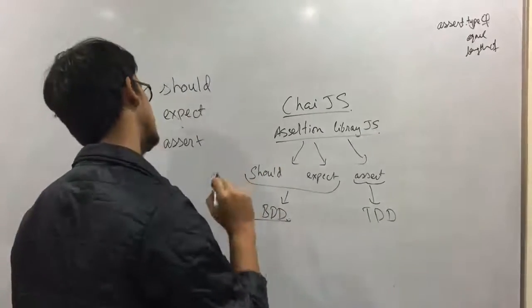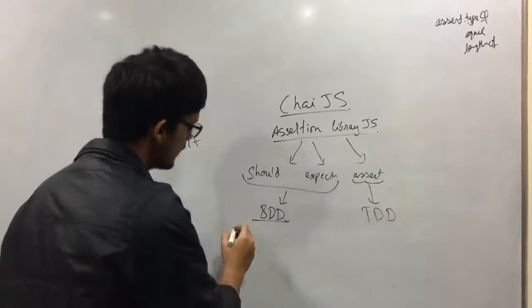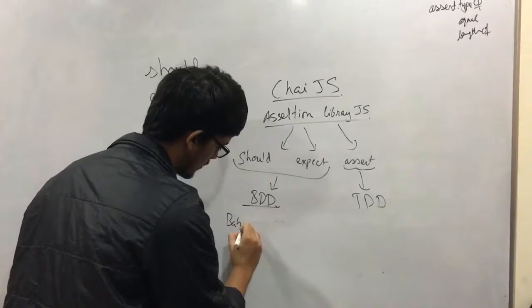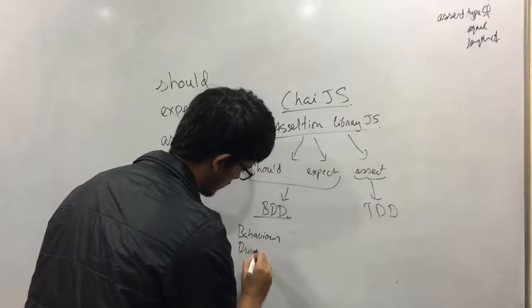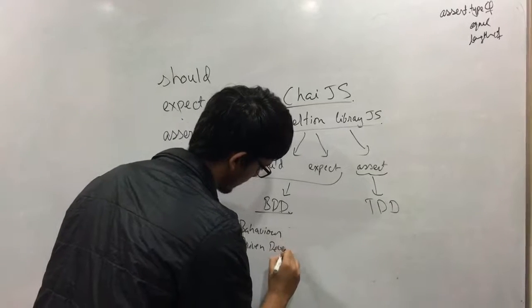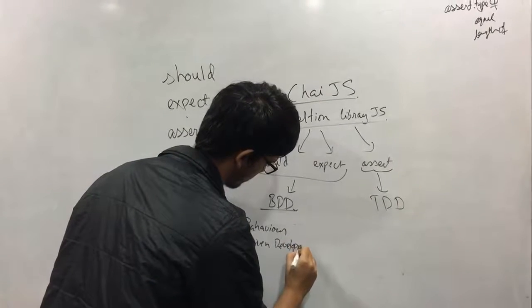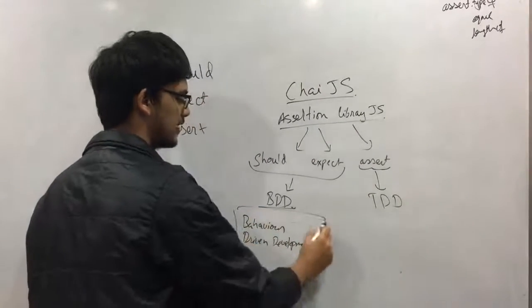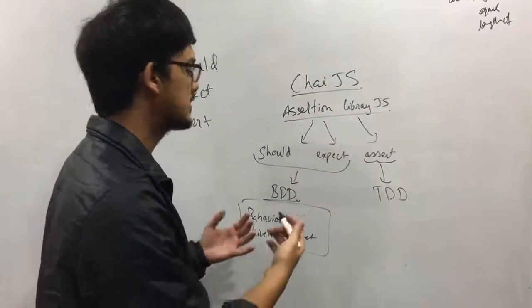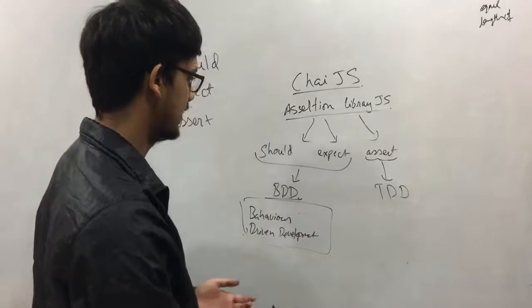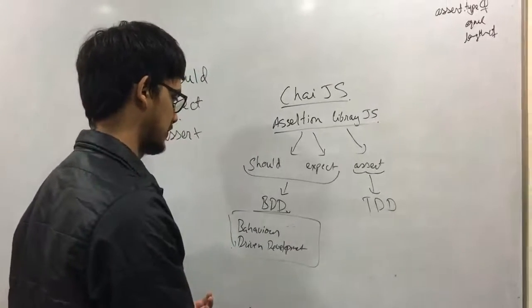Now, what BDD is basically behavior driven development. According to the Chai.js documentation, behavior driven development forces you to basically first write the behavior or the functionality and then write the test cases.